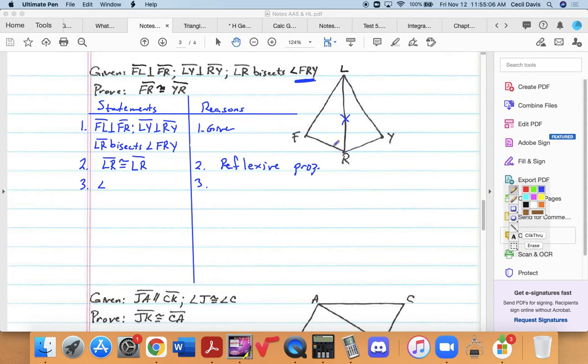So if we're bisecting the angle down here, the two halves should also have their vertex down there. Okay, so angle LRF is congruent to angle LRY by definition of angle bisected. There you go. That's one of those things you just have to be careful about.